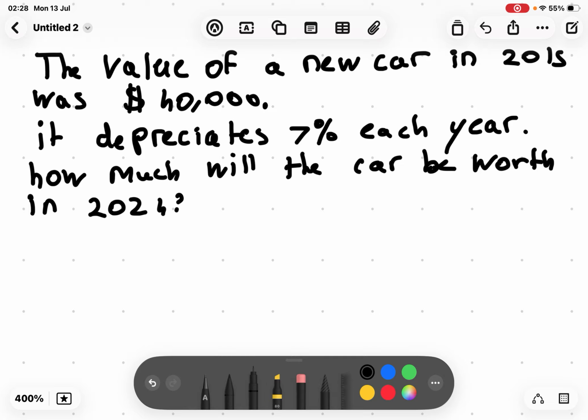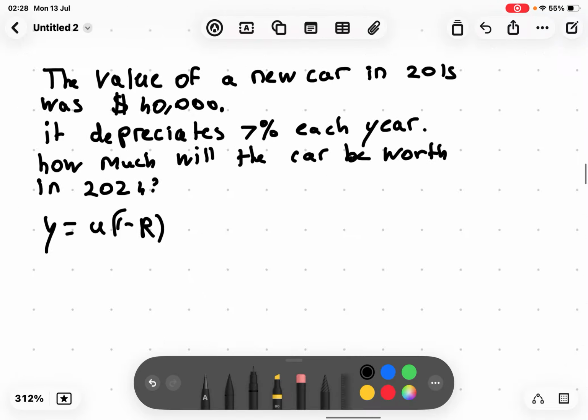So basically, it's going to be the same kind of thing, but this time it's going to be a minus. Oh, pardon me. So the initial number, no, the value of it, is 40,000.